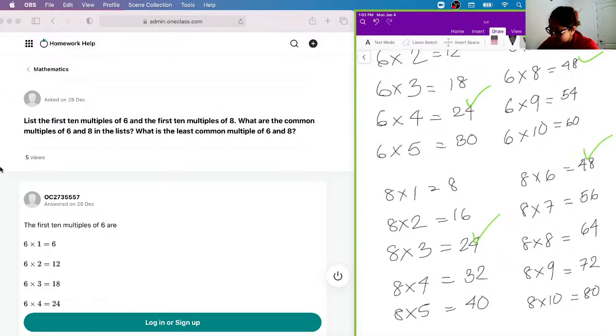Okay, so these are the two common multiples of 6 and 8. So the least among these two would be 24, right? So the least one here is 24, because it's the smallest number here. So basically this is your least common multiple.